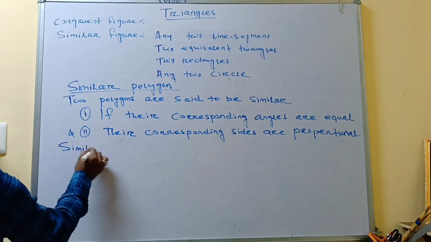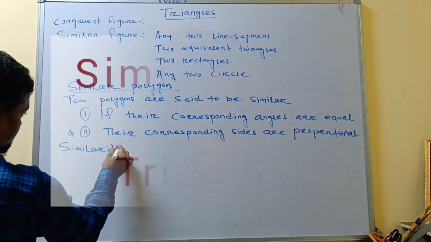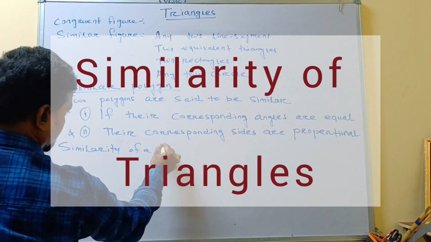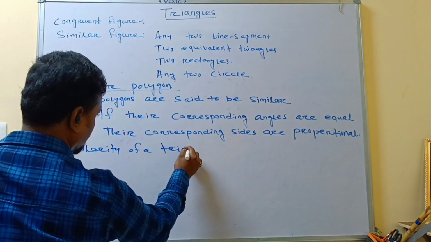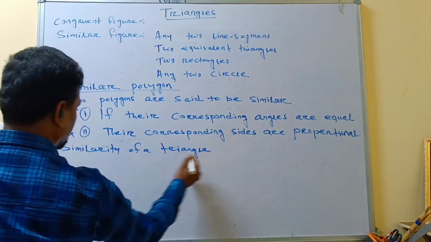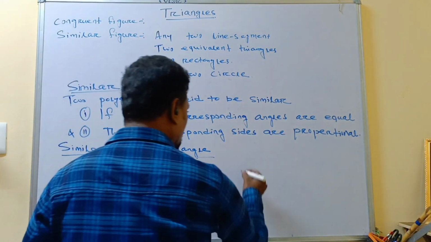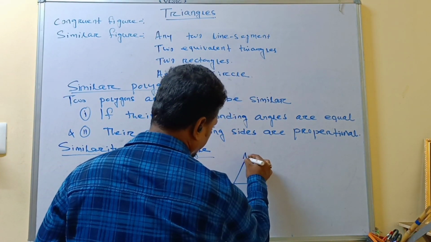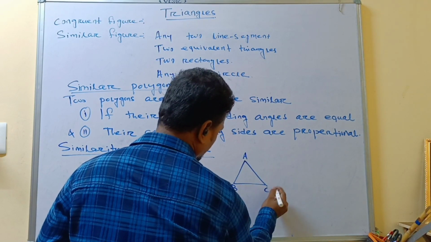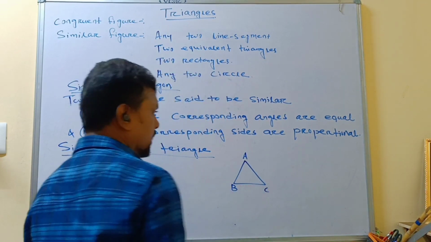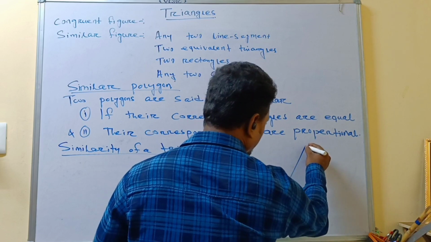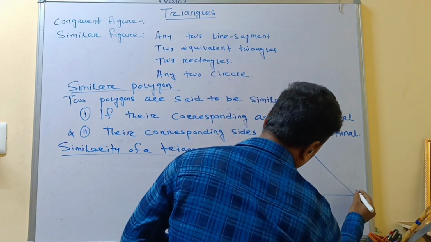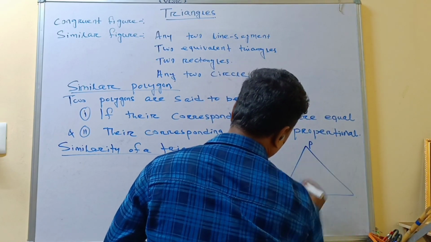Similarity of triangle. Let's do some figure. Suppose I am drawing one triangle, that is ABC, and I am drawing another bigger triangle, that is PQR.